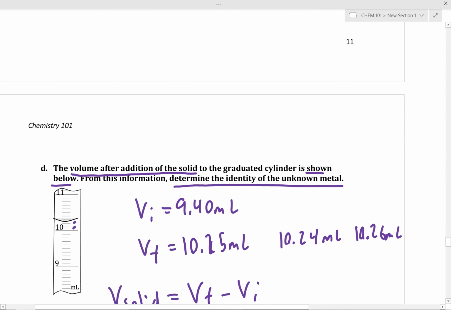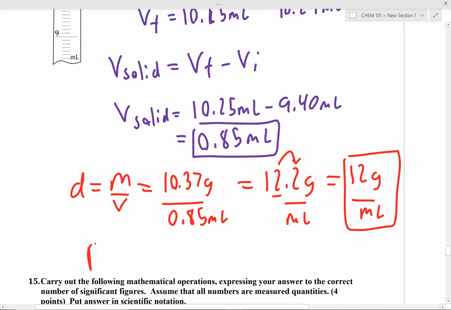Okay, so we'd assign this to be Pb, which is lead. Any questions on this example? It's exactly the same analysis that you did for lab.